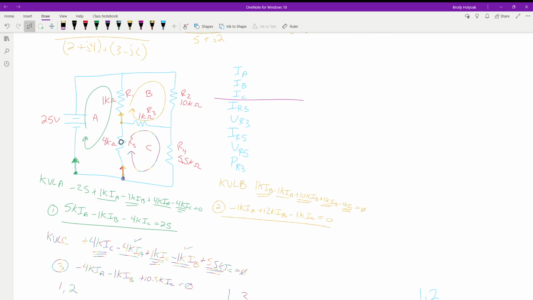So to solve for R3, we have the two different currents. We've got 7.539 milliamps for current A. For current C, we have 2.955 milliamps. And current B was 874 microamps.